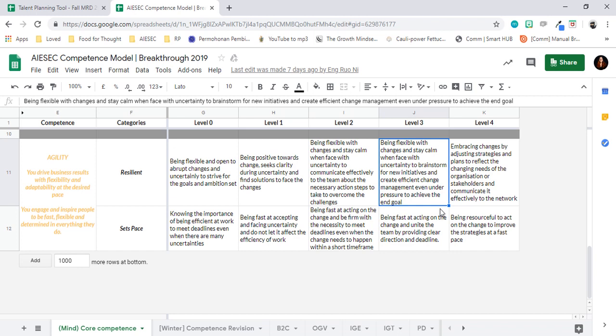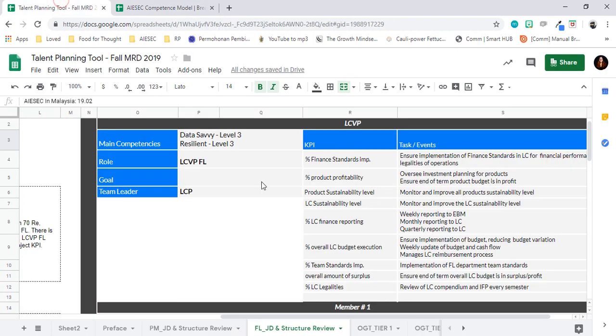This is very important as VPFL as well, because a lot of times our KPI is dependent on, for example, whether the exchange products can achieve our approval goals or our realization goals, or maybe there's a lot of crisis that happens on the legality side. So as a VPFL, we have to be very flexible with those changes, stay calm, and be resilient as well. In general, that would be the competence that we need to have.